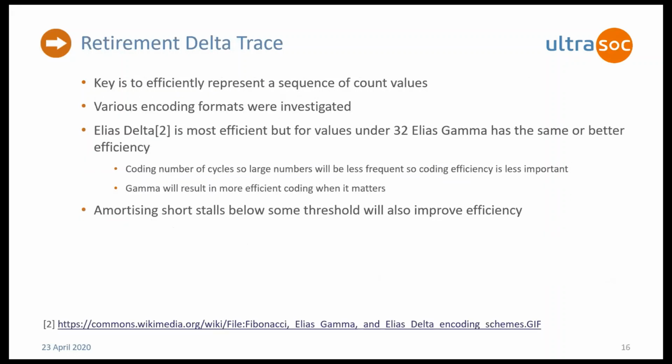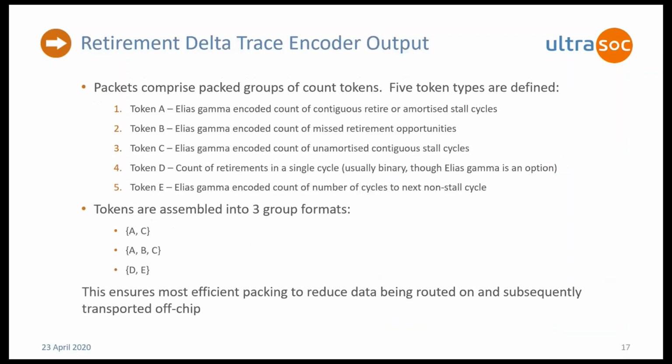The key to the efficiency in there is the encoding format, and the encoding format that we've implemented is something called Elias Delta. There's a link at the bottom there showing some of the efficiencies.